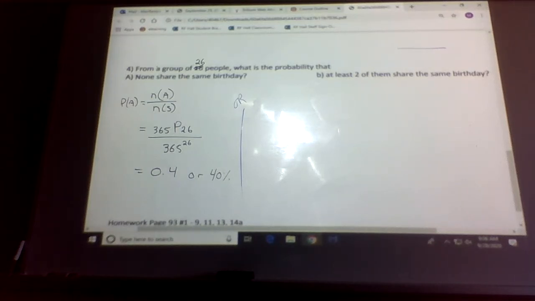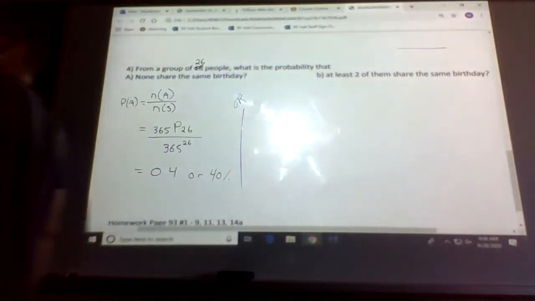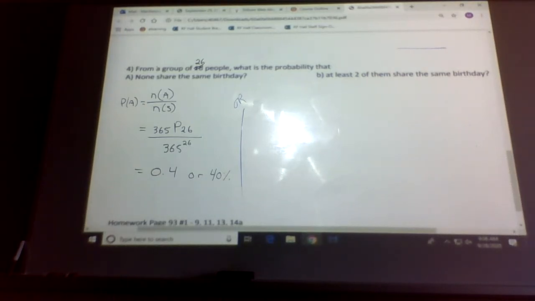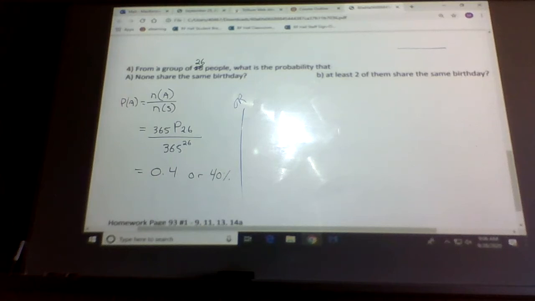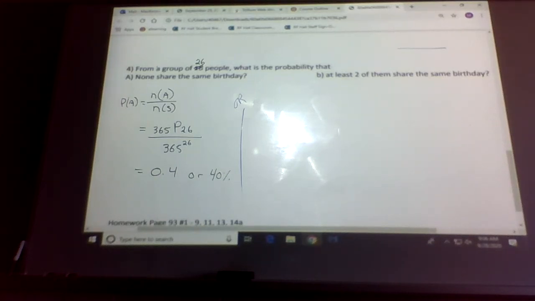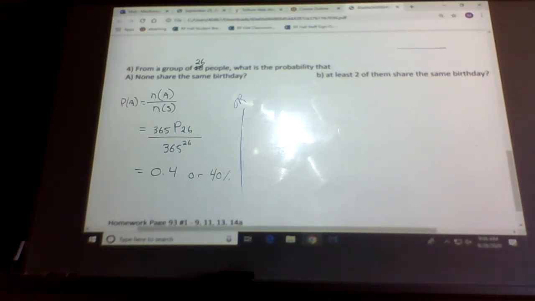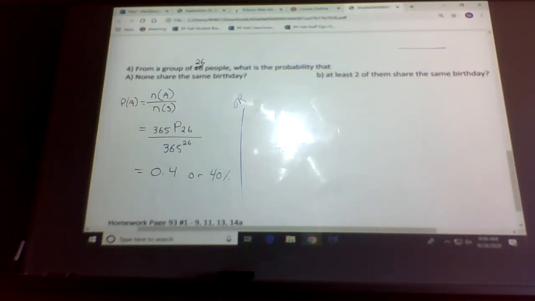Okay, so this is how you look at it. Let's say we go with Logan first. How many birthdays out of how many can he have? Say he doesn't have a birthday, we're just gonna give him a random one. Logan, you can pick your own birthday. How many choices do you have?